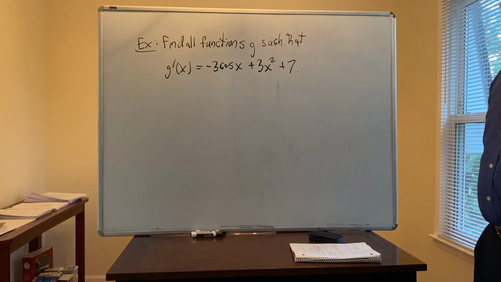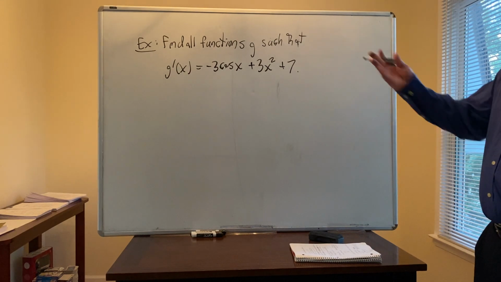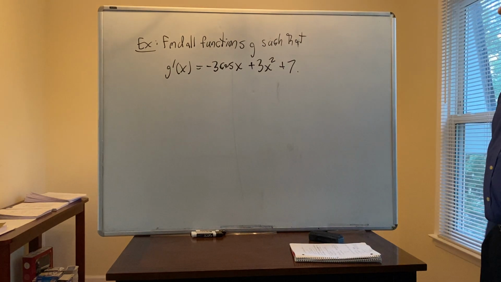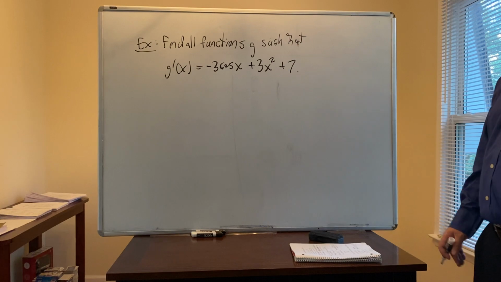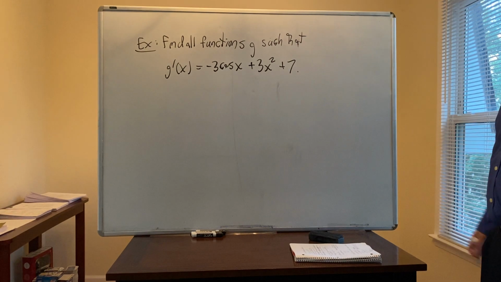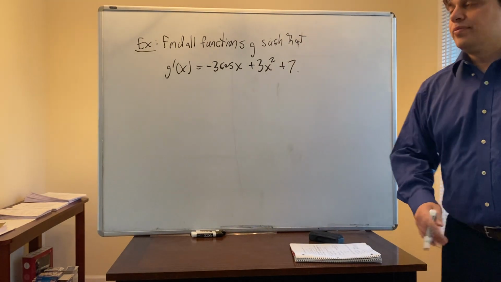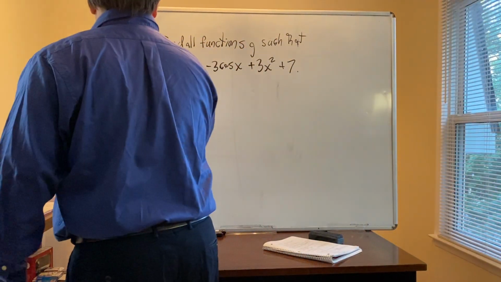Okay, so we want to find the most general antiderivative of g prime of x. Okay, so finding the most general antiderivative of g prime of x would be finding all functions whose derivative is that.